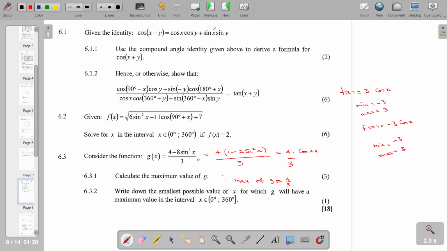Because we said the maximum value is 4 over 3. So from here it means as long as this whole part is 0, that's when we have a maximum value here.